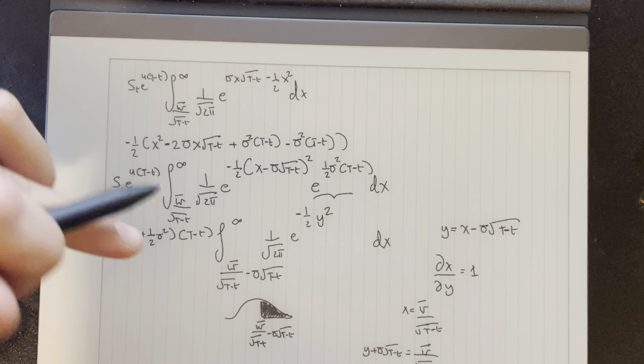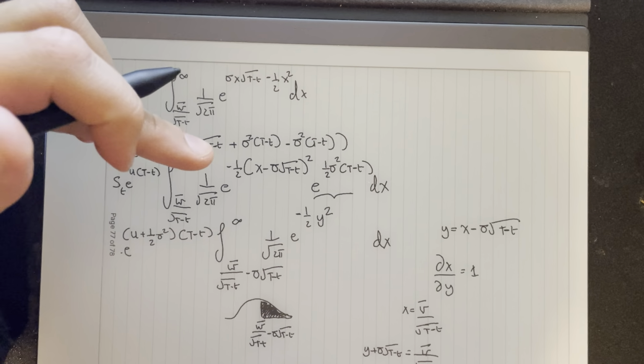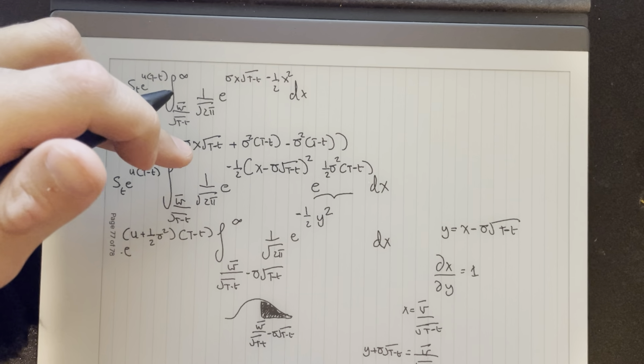So let me just copy this over here. So we have finally the stock price multiplied by e to the mu plus a half sigma squared multiplied by T minus little t, multiplied by the integral of that quantity.